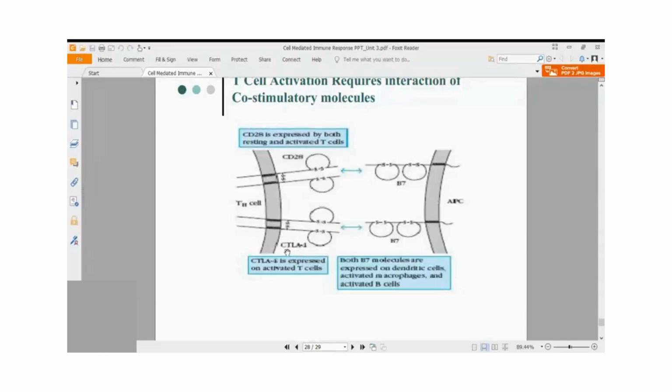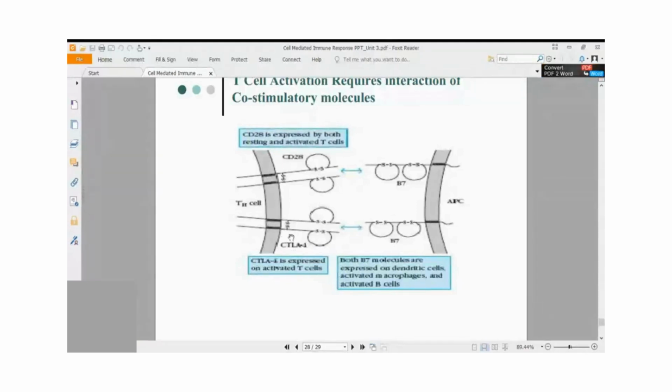That CTLA-4 stands for actually cytotoxic T lymphocytic antigen, because it was first discovered on the CD8 T cells. Cytotoxic T lymphocytic antigen. CTLA-4 expressed on the TH cell or CD8 T cell is responsible for the immunosuppression.